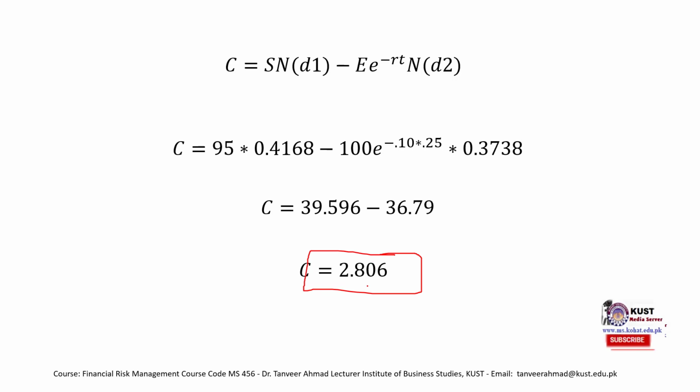What this means is that based on the Black-Scholes formula, remember, instead of put call parity to find the premium of call option, we are using the Black-Scholes model. The intrinsic value of premium of call option is $2.80.